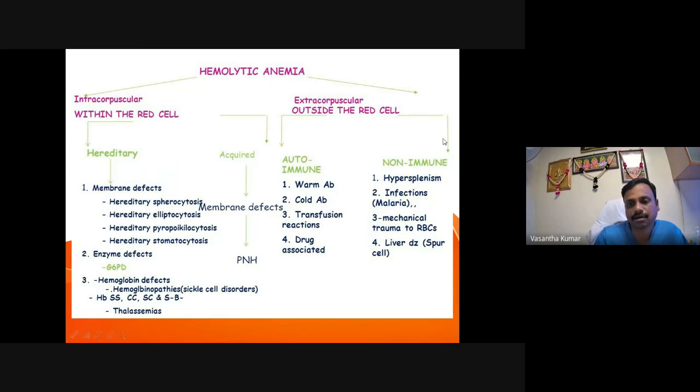Whereas non-immune mediated extracorpuscular destruction outside the RBC is due to chronic infections like malaria, mechanical trauma, or hypersplenism. What will happen in hypersplenism? The spleen is one of the components of the reticuloendothelial system. It will engulf, capture, and sequester the RBC and eventually cause destruction of the RBC.